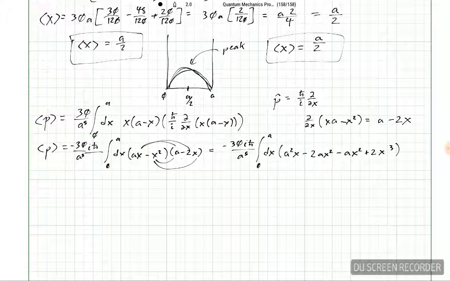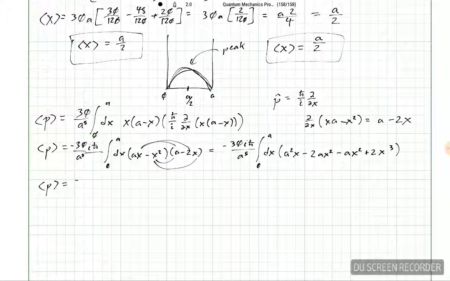Now, these both have dimensions of meters squared, meters, and meters. So when I FOIL that out, everything should have dimensions of meters cubed. A squared x meters cubed, ax squared meters cubed, ax squared meters cubed, 2x cubed. So it's just meters cubed. So good. We all have the same there.